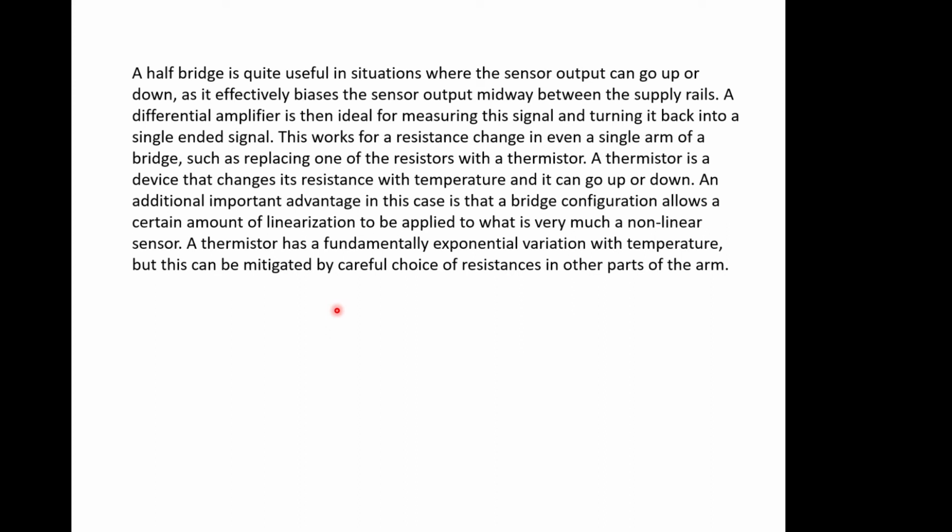Not all op amps can do that, so you have to end up buying single supply op amps and making sure that it is truly a single supply op amp. This technique of using a half bridge allows you to bias your sensor halfway between the supply voltages, and any changes in the output are then referenced to halfway across the supply, which means that you can use any op amp at that point to see a signal output.